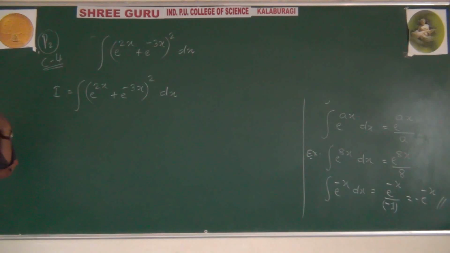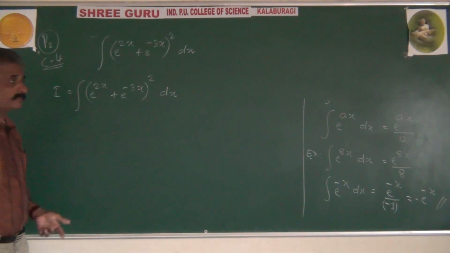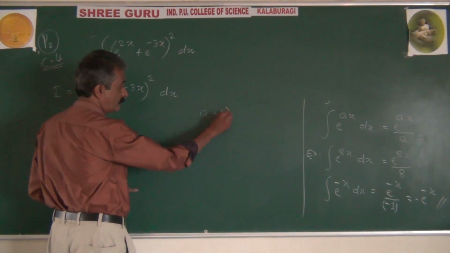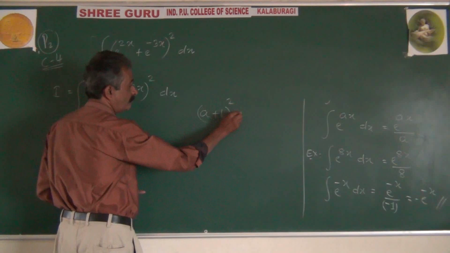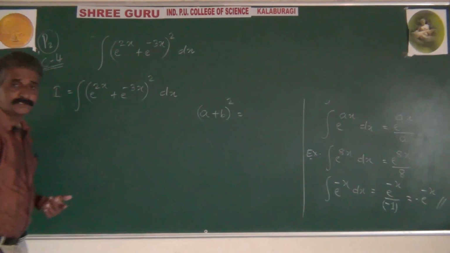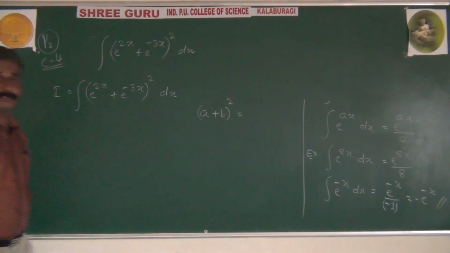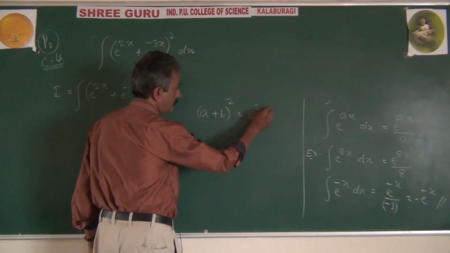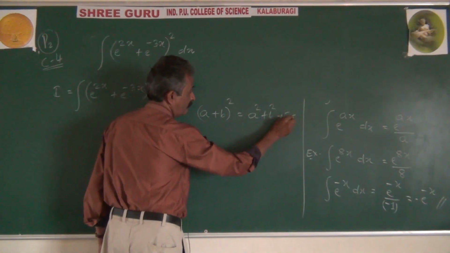We first clear that square. To clear that square, we apply the (a + b) whole square formula. On using the formula of (a + b) whole square, it says a square plus 2ab plus b square. So it is a square plus b square plus 2ab.